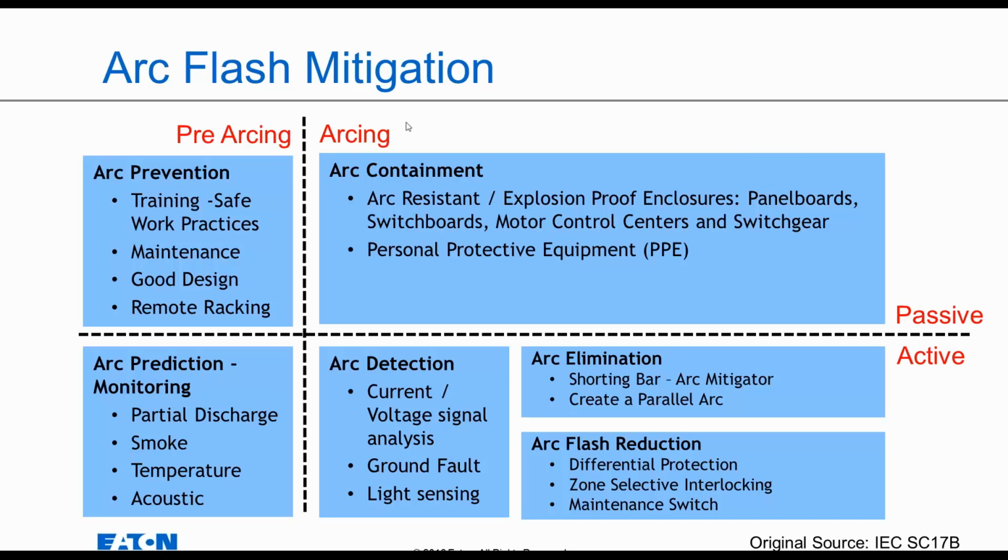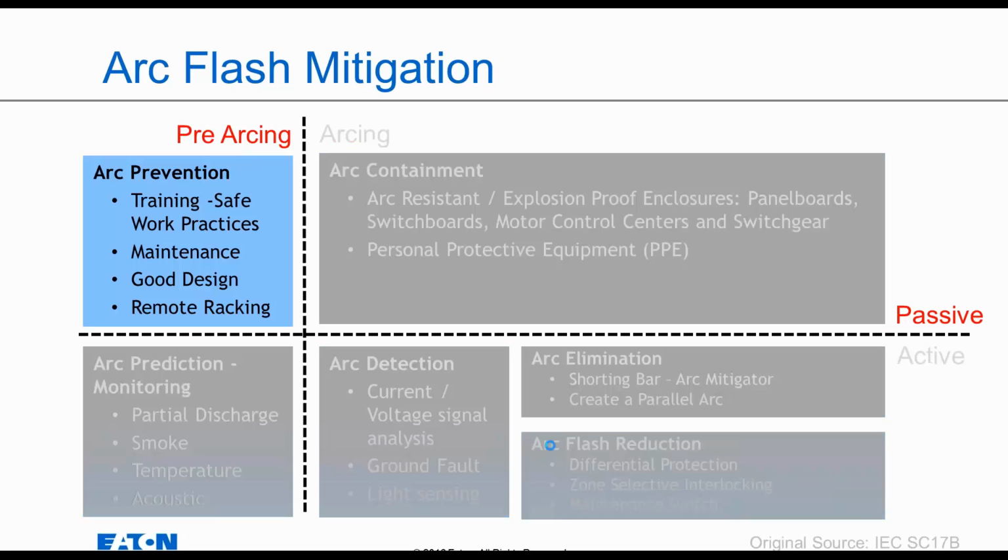And then once the arc starts, the arcing, what you can do is arc containment, which are passive activities, and then active activities such as your arc detection method, which then leads into your arc elimination and your arc flash reduction techniques.